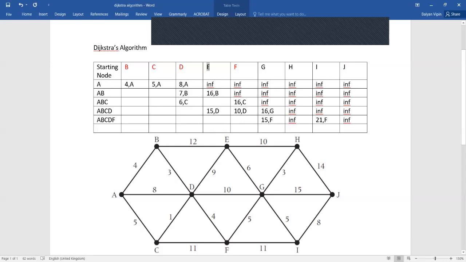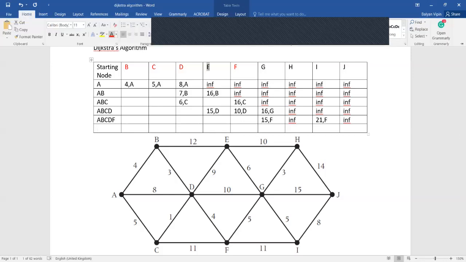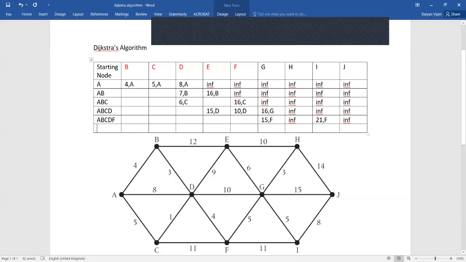So now, it will be A, B, C, D, F, E. Now from E to F, we don't need, and it's a backward thing also.